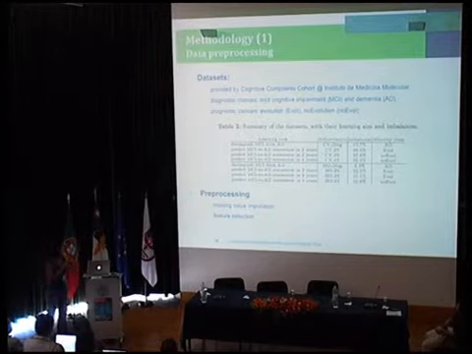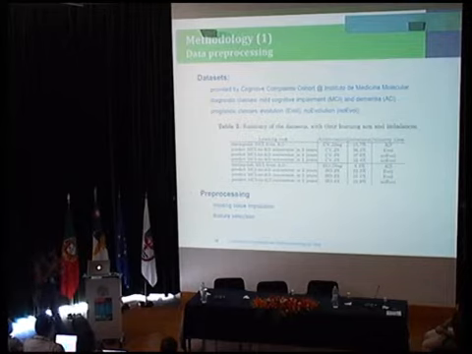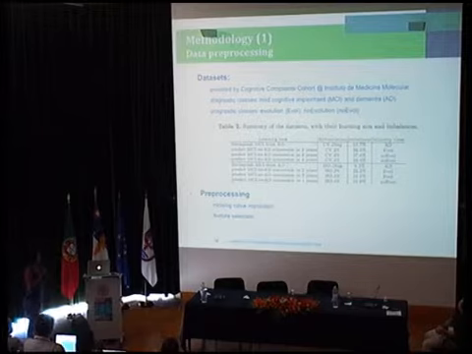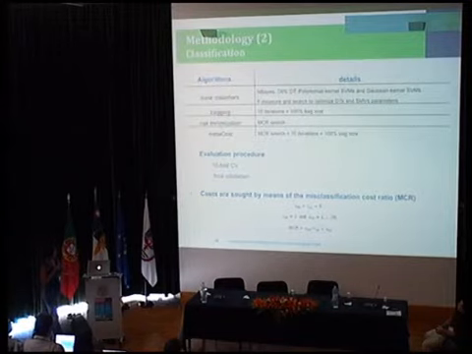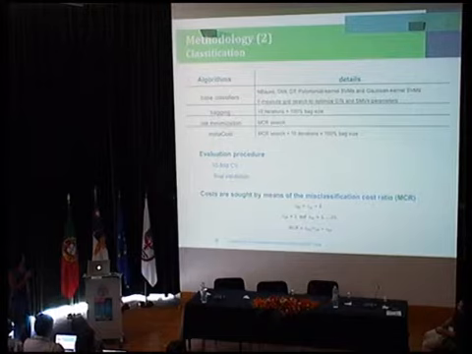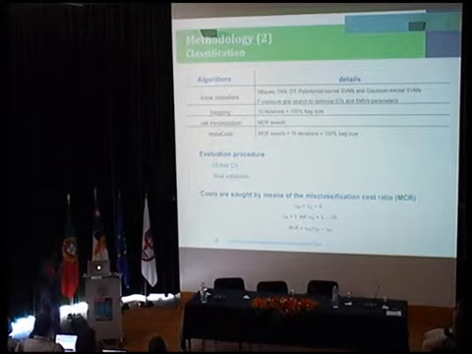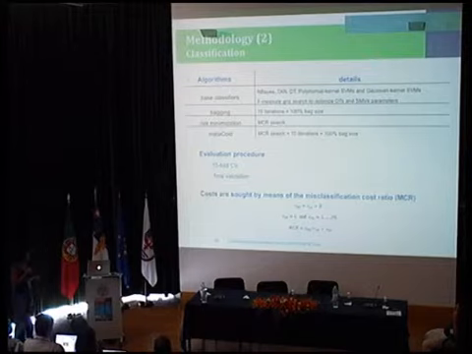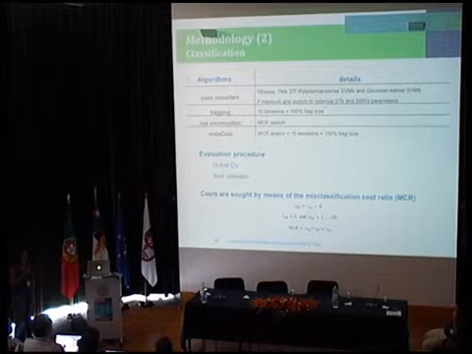And also we preprocessed the data set with missing value imputation, and we performed feature selection. Okay, so this is what we used: a 10-fold cross-validation scheme and the final validation. The costs are set by means of the misclassification cost ratio.